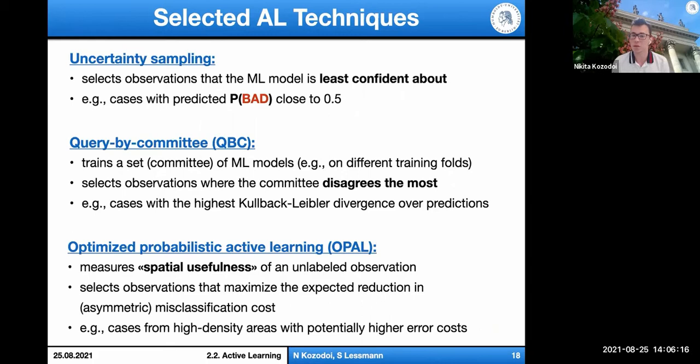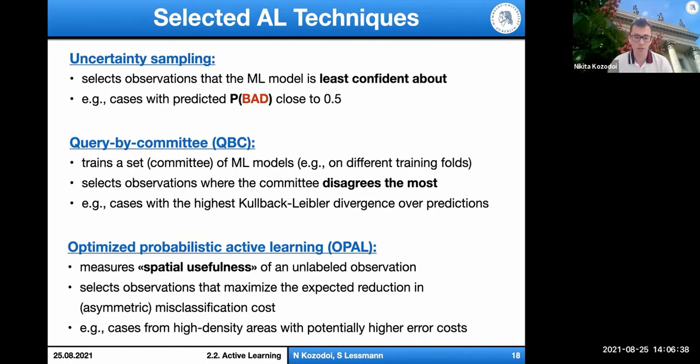So instead of looking at a prediction of one model, we look at variants of predictions across different models. And if there are many models that disagree on the label, this is a sign that we should label this observation. In other words, we should assign the loan to this customer in order to be more accurate about such observations in the future.